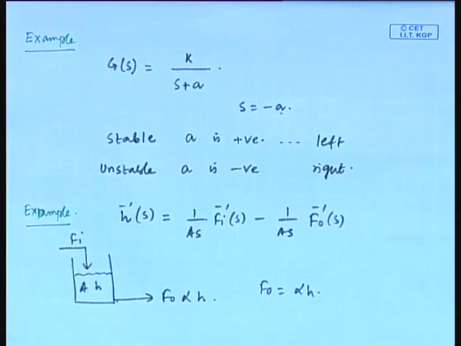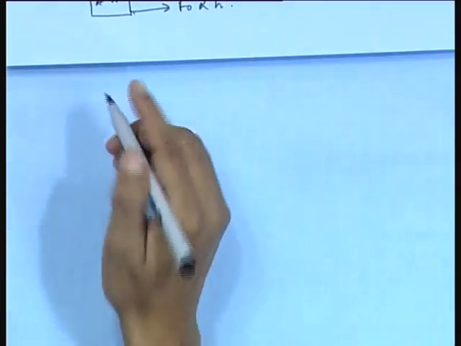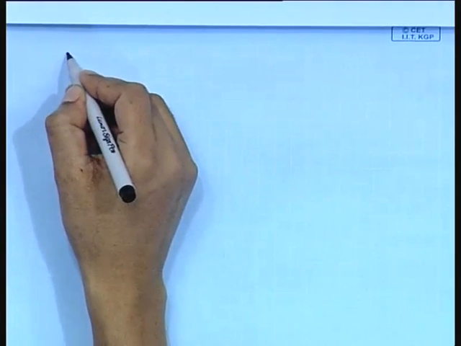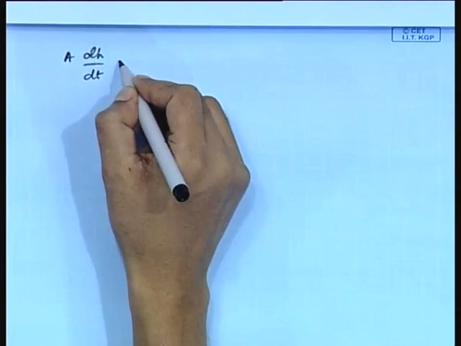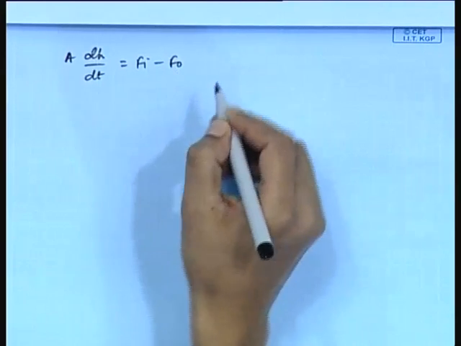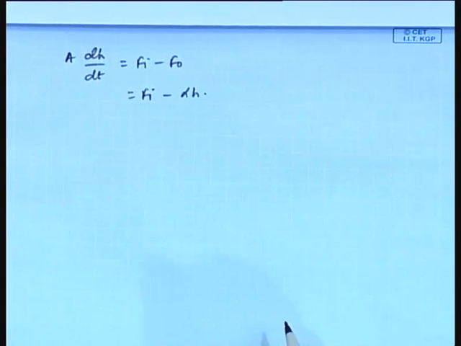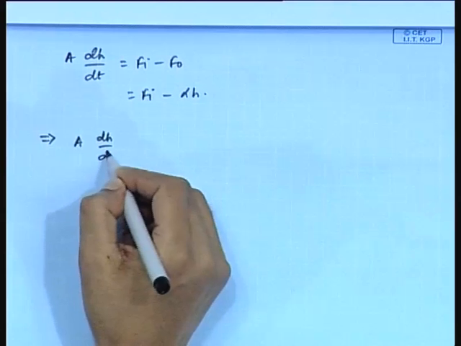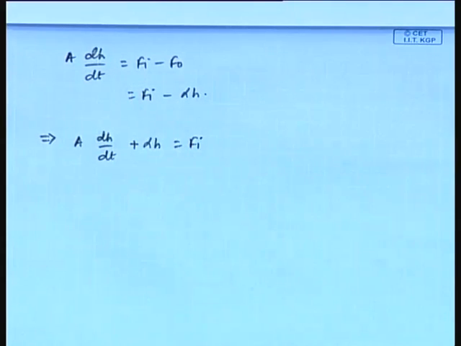Now, if we substitute this in the model equation, then what will we get? A dh/dt equal to F_I minus F_o equal to F_I minus alpha into h. So, A dh/dt plus alpha h equal to F_I.